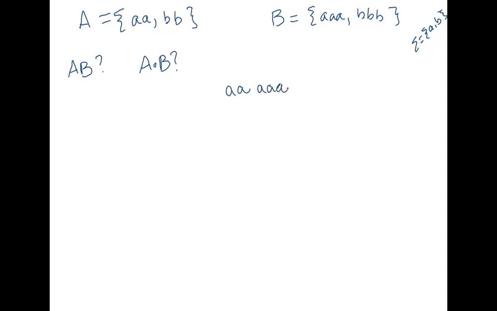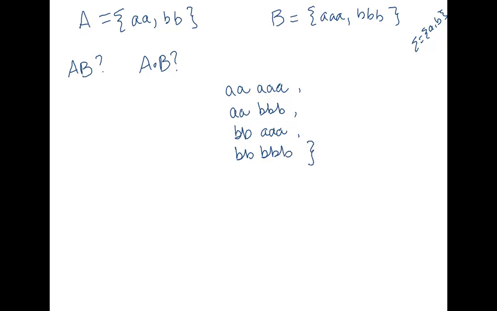That took something from A and something from B, so that's one of them. Let's take AA again from A, and let's add on BBB. Let's take the other string from A, BB, and the first string from B, AAA, and then let's take again BB and the other string from B, BBB.